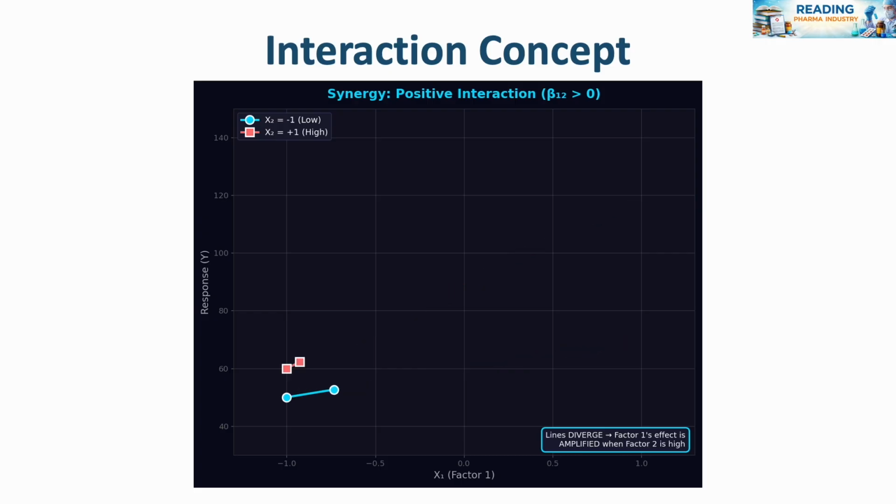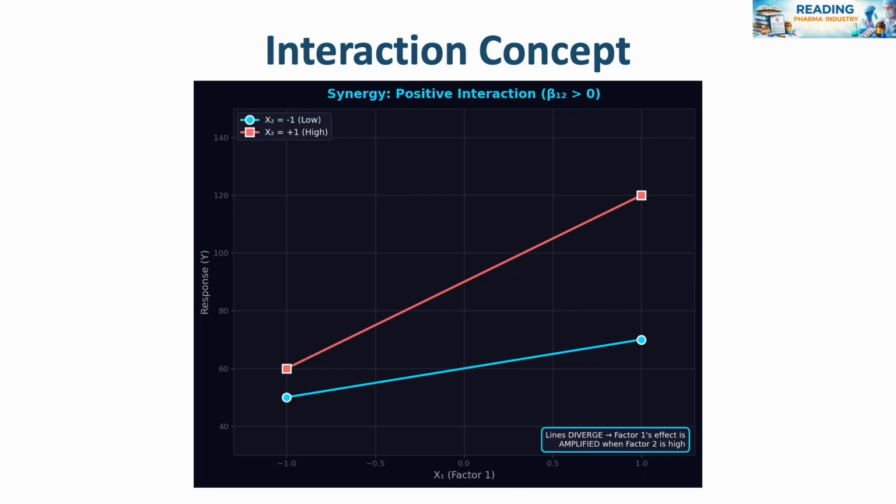Look at the start on the left side of the red line, low x1, and then it goes higher. But you see the augmentation here. When you increase the value of x1 while x2 is high, there will be a higher y response, and that basically means there is an interaction, there is augmentation.